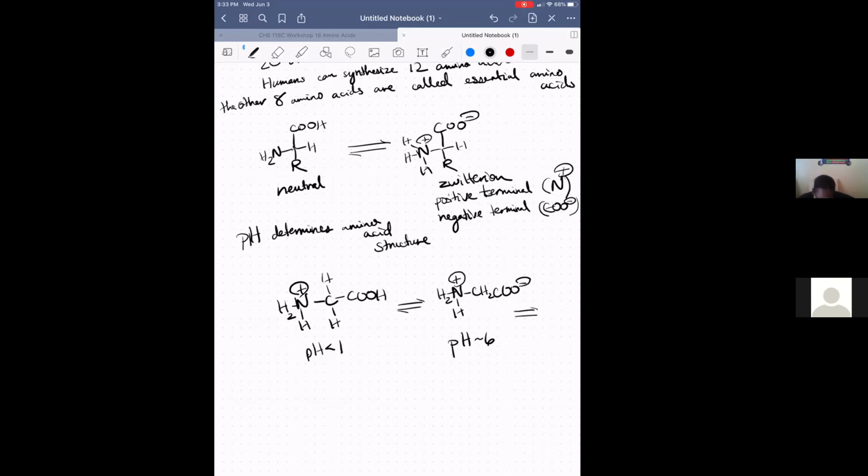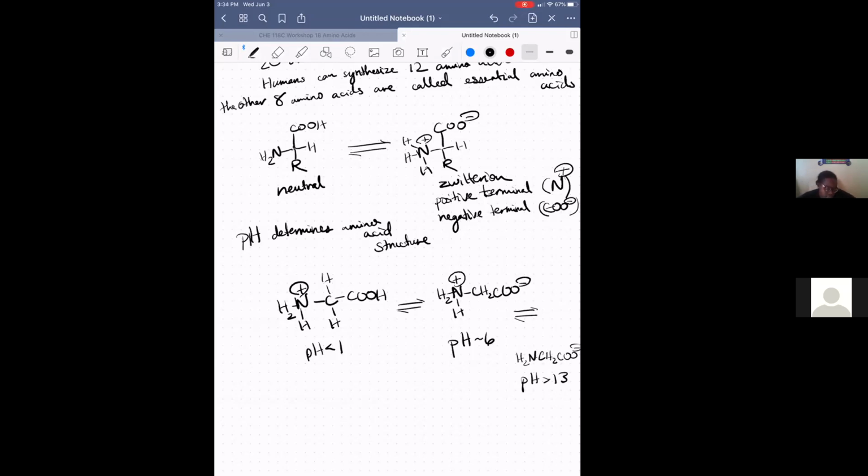Basically you're thinking about removing a hydrogen at a time. With the pH that's acidic, we have lots of protons and a positive charge. At our pH around 7, we have our Zwitter ionic form. When we get to our basic pH, we lose a hydrogen on our nitrogen, leaving NH2, CH2, COO minus, and this predominates at a pH that is greater than around 13. So that's where these ranges kind of occur.